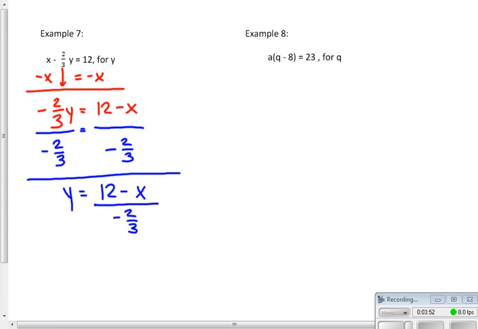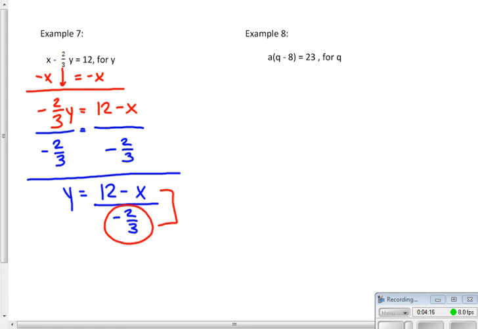Now, yesterday we had answers that look like this, and I said there's a way that you can actually reduce it more. But you didn't have to reduce it more. This problem, actually, you have to reduce more. Reason being is this here is basically a fraction, and when you write a fraction, you don't have a fraction as a denominator.